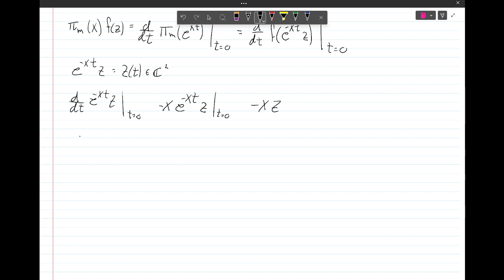Okay, anyway, so lowercase pi m of x is equal to df/dz1 times dz1/dt plus df/dz2 times dz2/dt. And what are dz1/dt and dz2/dt? Well, we computed them over here.